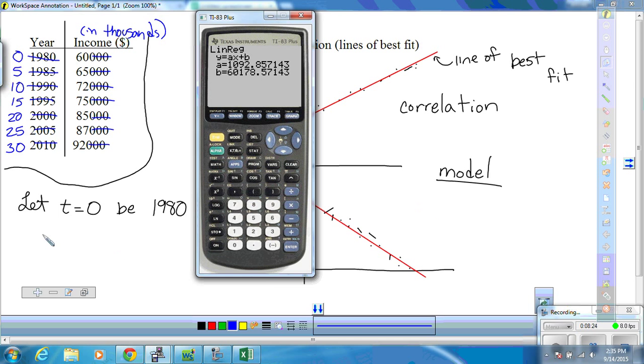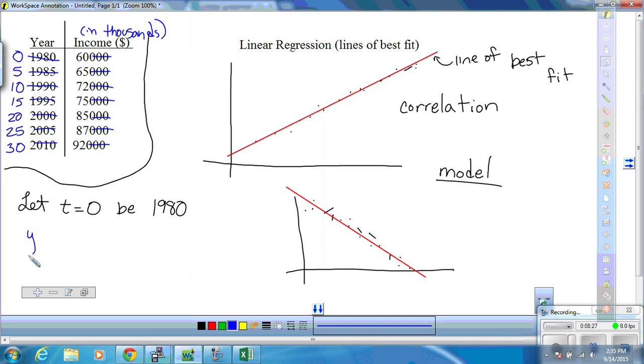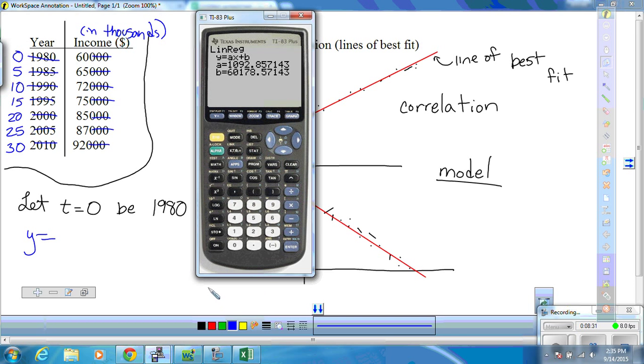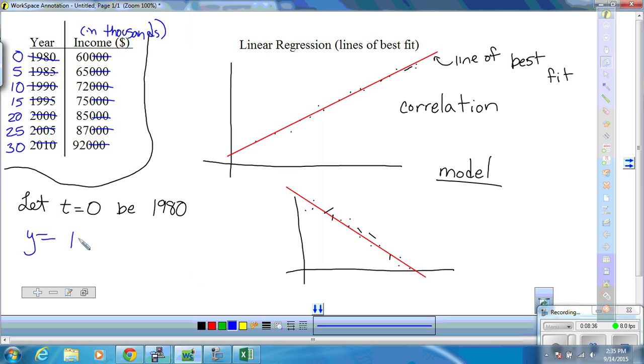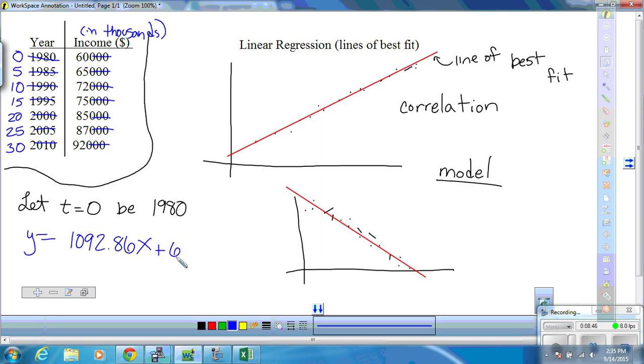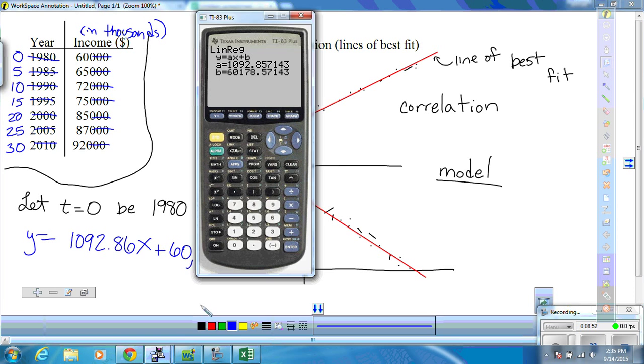So this equation for the line of best fit was y equals 1092.86 plus 60,178.57.